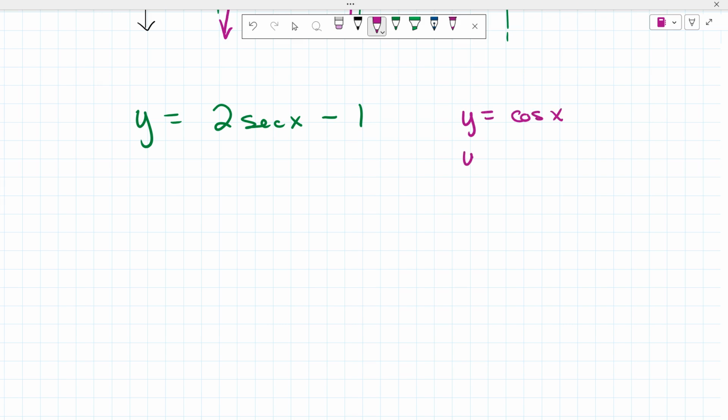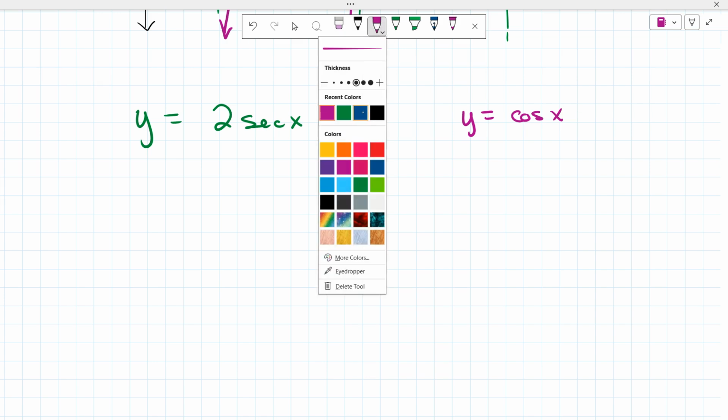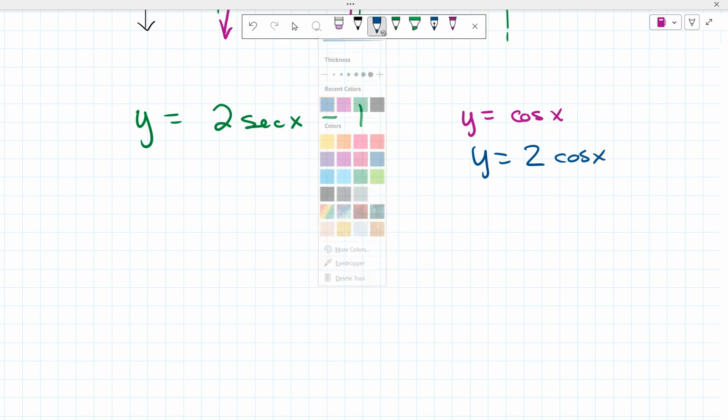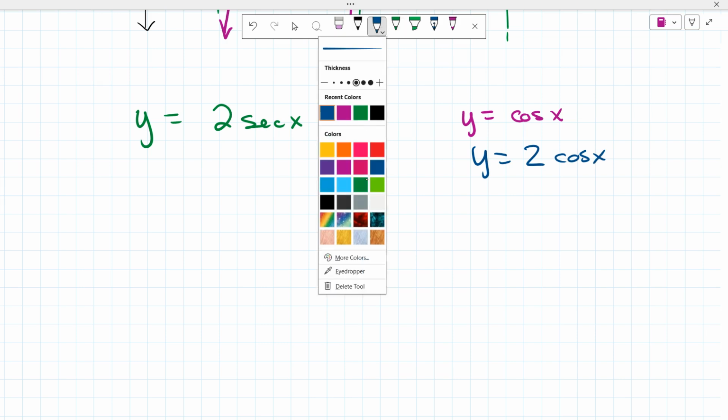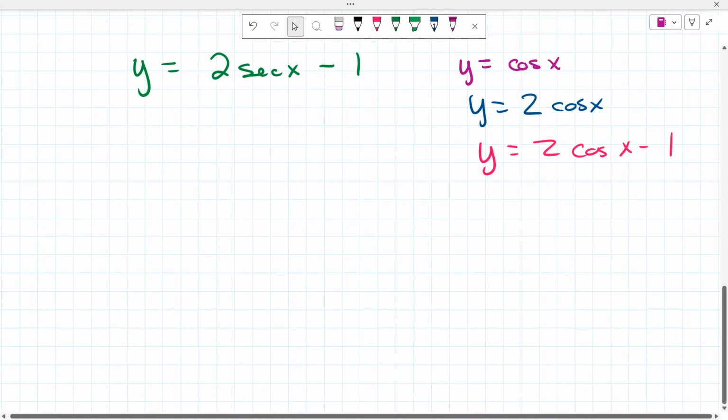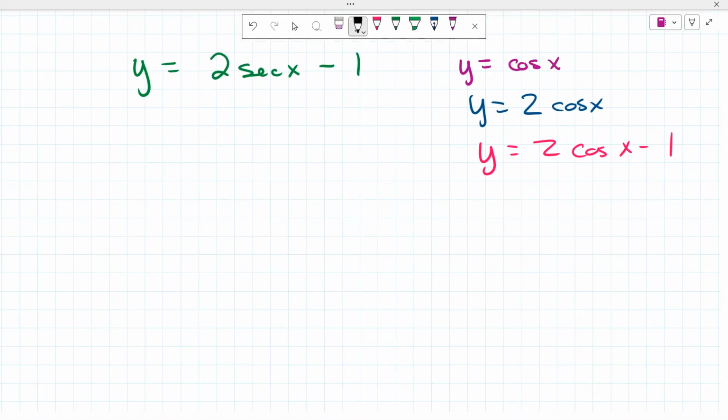Then I'm going to graph y equals 2 cosine of x. Then I'm going to graph, let's do hot pink, y equals 2 cosine of x minus 1. Then I'm going to graph the secant one. So I'm going to graph all my cosines first, and then I'll graph my secant.